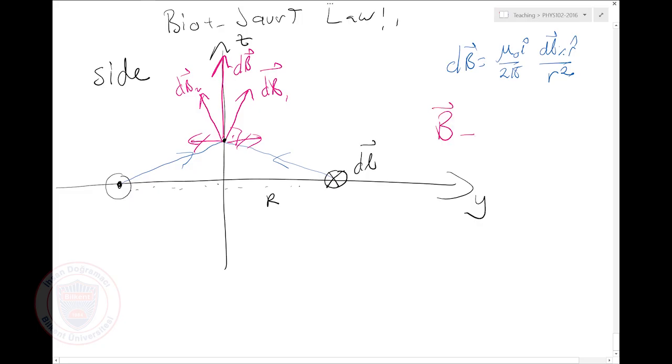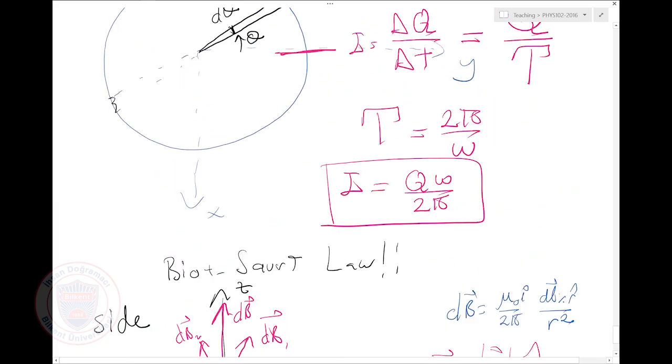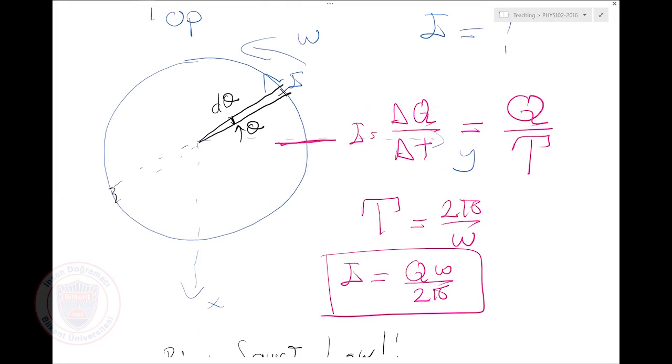B will be B magnitude times k hat. Does that make sense? What was our rule? We had one more right hand rule. When I put my hand along a loop, my thumb pointed in the magnetic field direction, so it does also actually make sense here. Alright?